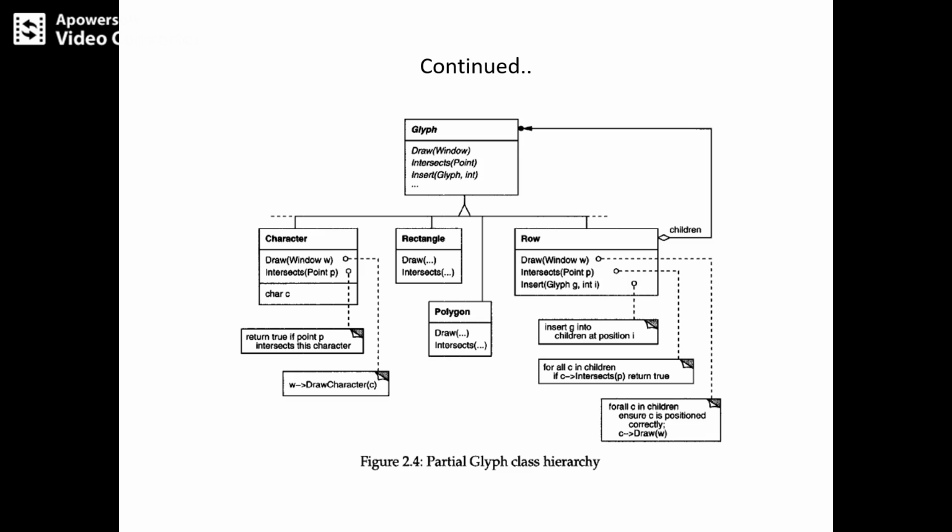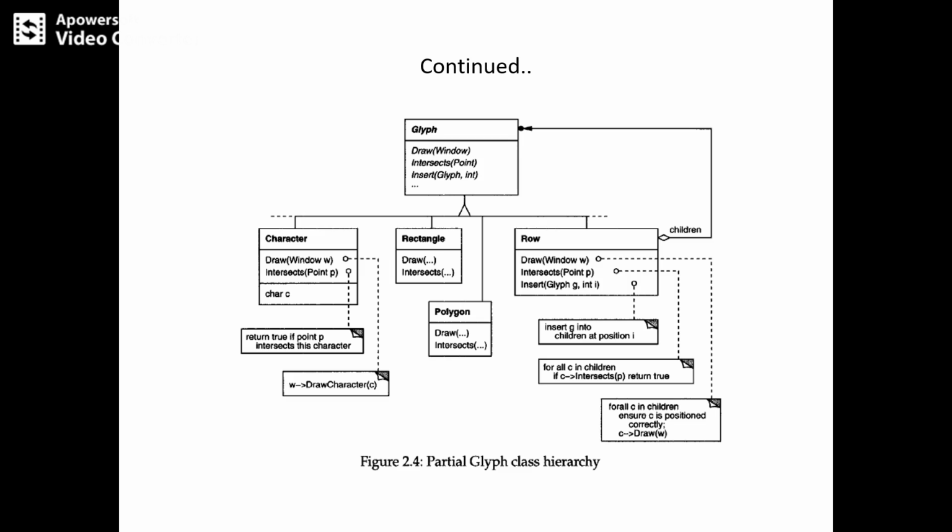Different operations we had: draw, window, intersect, point, insert, remove. Depending upon what we need, we create, draw, bounds, intersect a particular point, remove, insert, and child, parents.